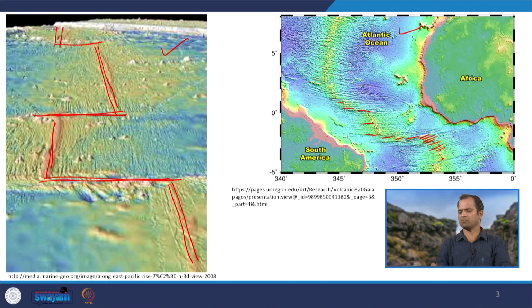Similarly, here we have a number of transform faults that are segmenting these mid-oceanic ridge systems into small segments, and that is why the magmatic properties and the rate of spreading at different segments vary, and these dividing transform faults also define which part the magma will be generated in and where it will be generated more and where less.